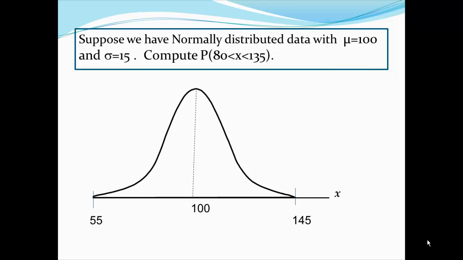Here we draw our normal curve with a high point at the mean 100 and our endpoints at 55 and 145. We then shade in our interval of interest. Here, since we want the probability that x falls between 80 and 135, we shade in the interval on the x-axis between the number 80 and the number 135.